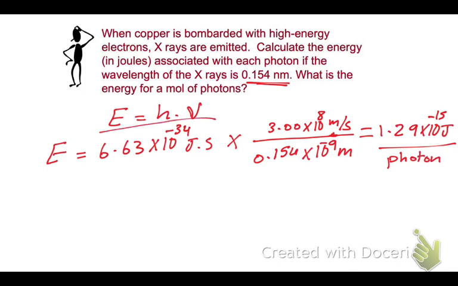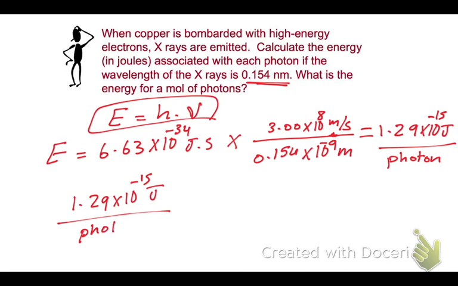Because every time I use this equation, I'm only calculating the energy of one photon. So if they want a mole of photons, I know there is 1.29 times 10 to the negative 15 joule for every photon.